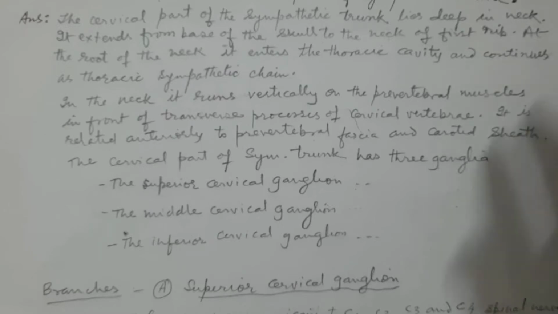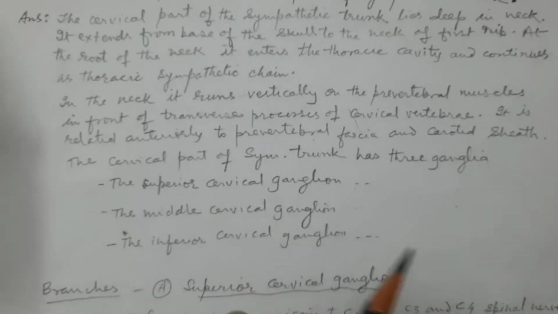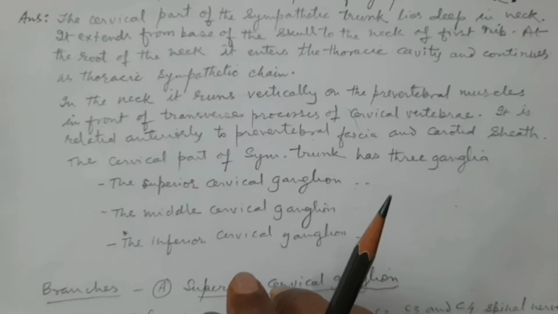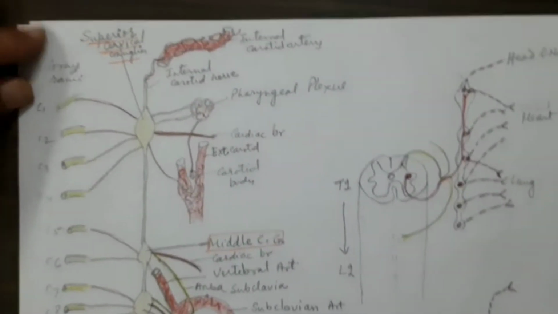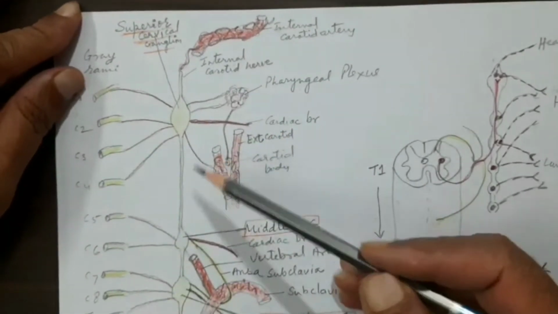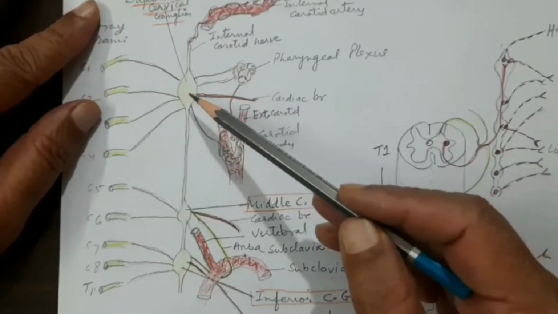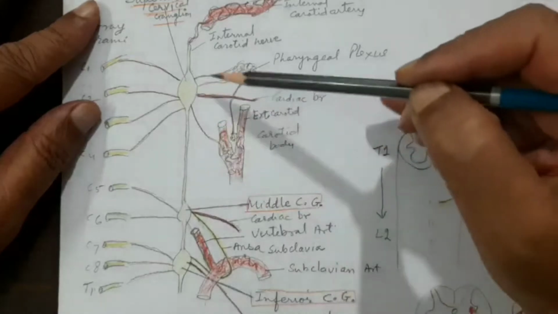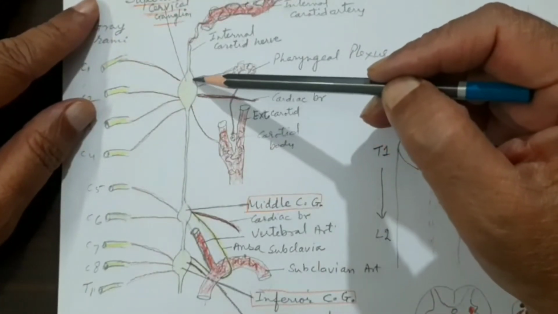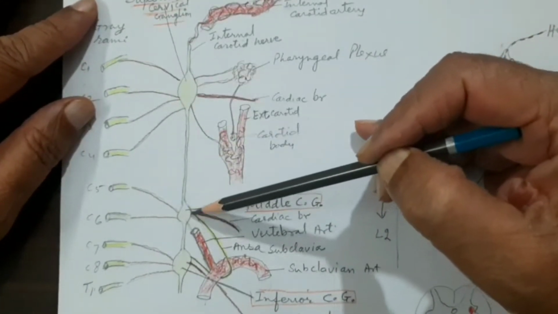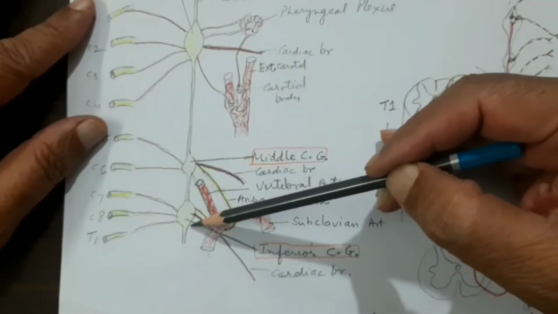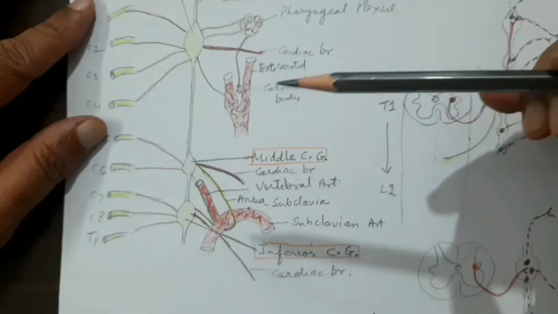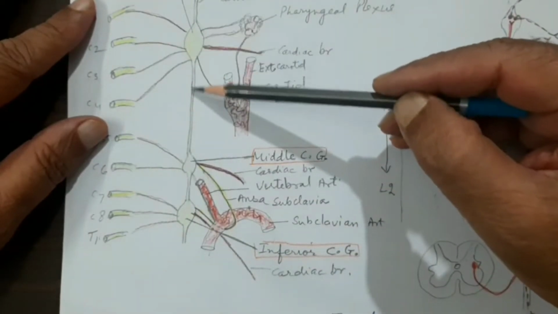Let us see the first ganglion, the superior cervical ganglion, and I will show you in this diagram. This is a very simple and easy diagram of the sympathetic trunk. This is the superior cervical ganglion, this is the middle cervical ganglion, and this is the inferior cervical ganglion in the trunk.